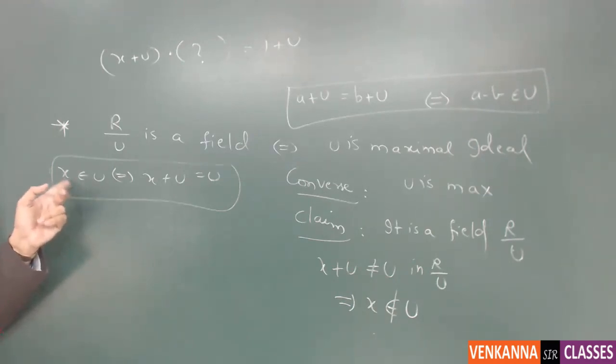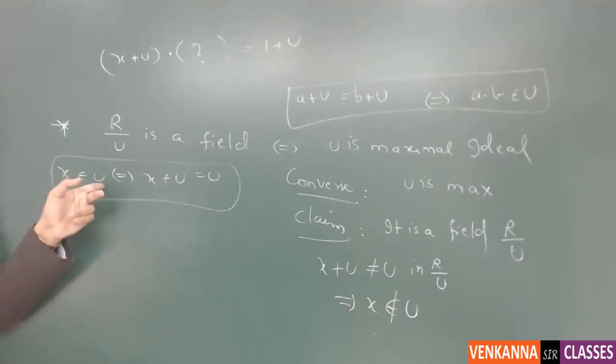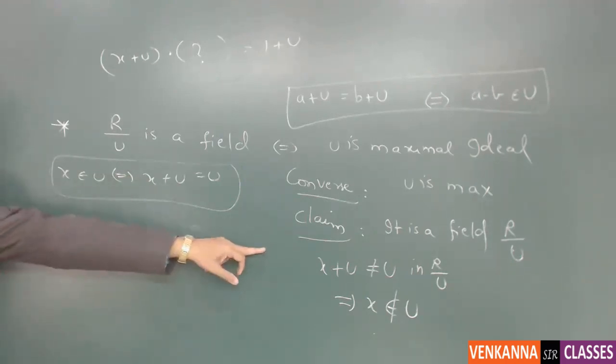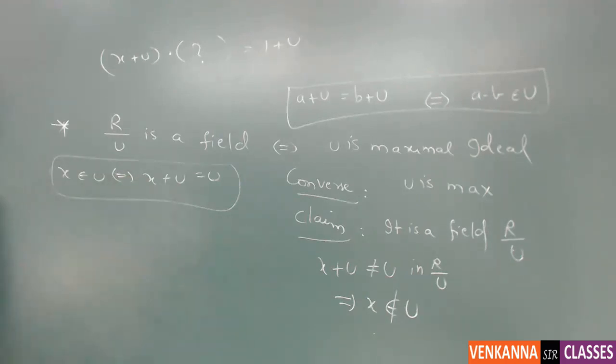The coset properties we mentioned. So if this value belongs to U, these are equal. If this does not belong to U, then both are different. Since it is a non-zero element, immediately you can say that X does not belong to U.